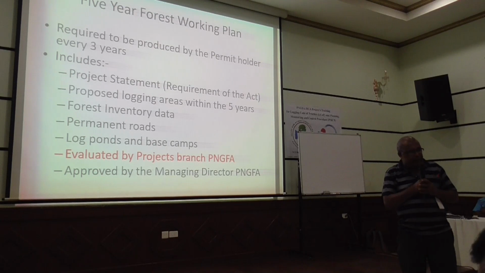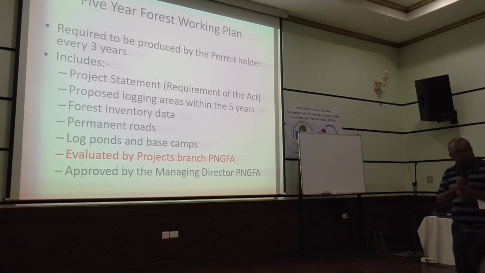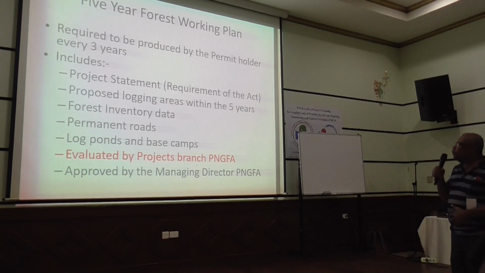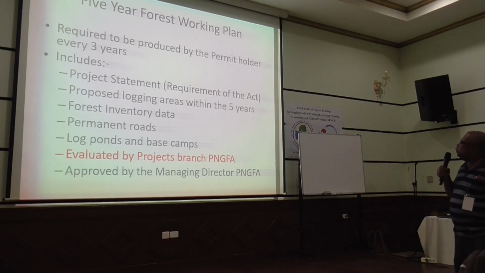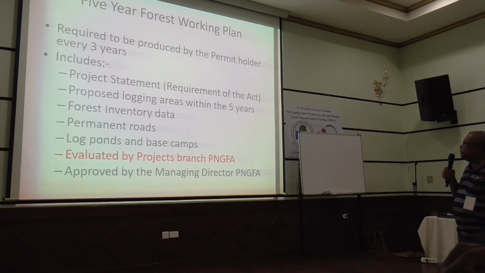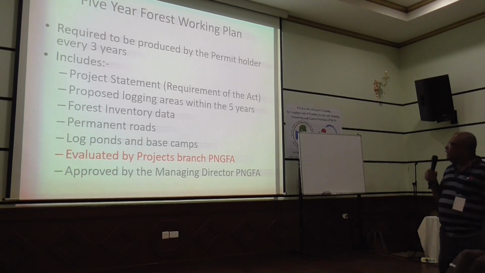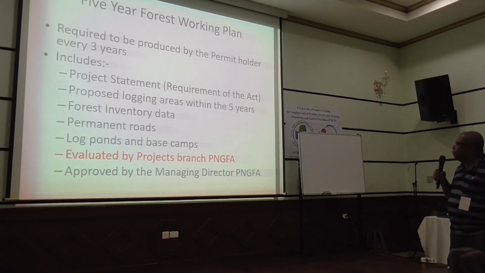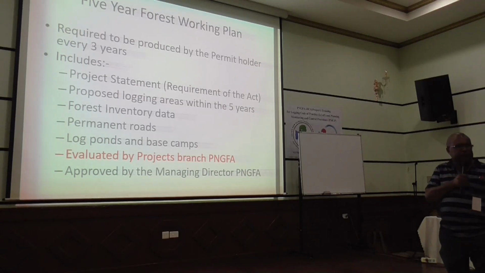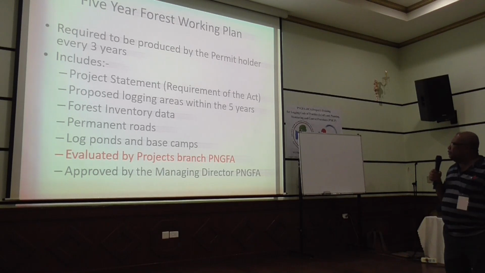So in the 5-year plans, I think you all know the process, but let me just go through. It's required to be produced by the permit holder every 3 years. It includes the project statement. It indicates where proposed logging areas are going to be within the next 5 years. The information provided would also include forest inventory data.